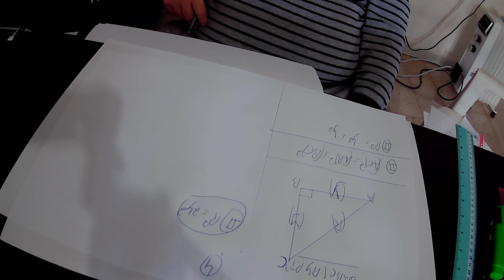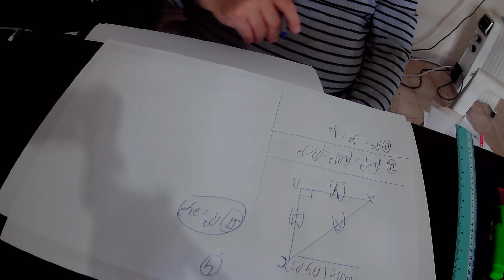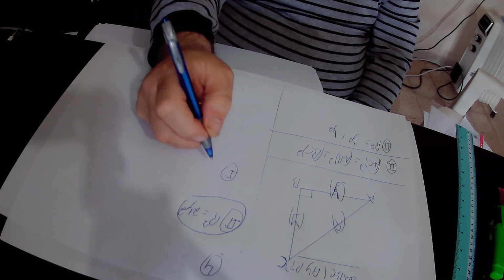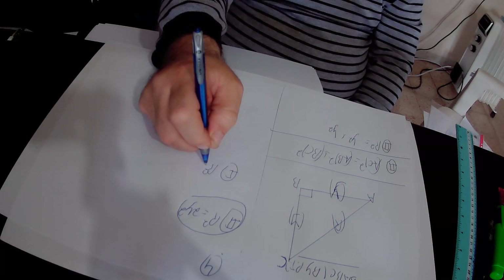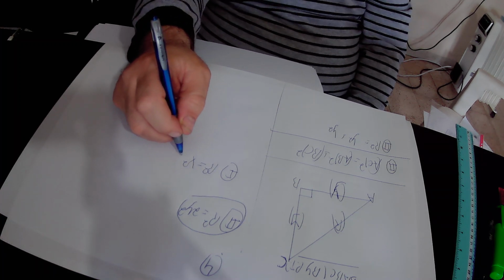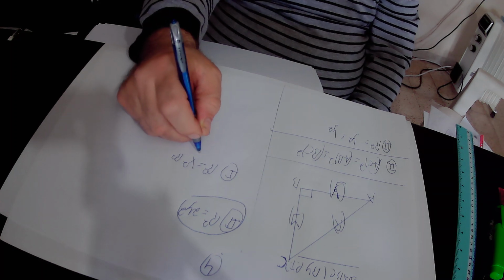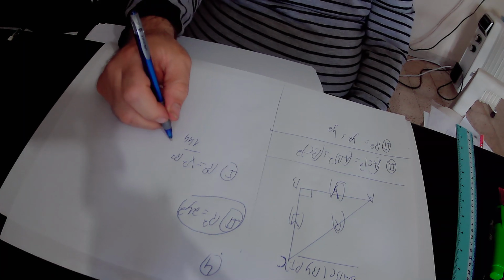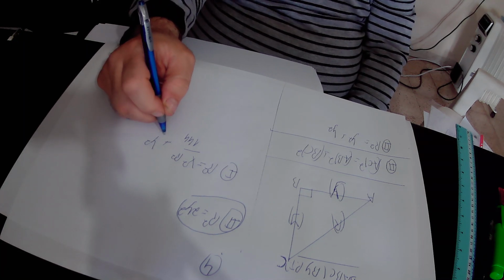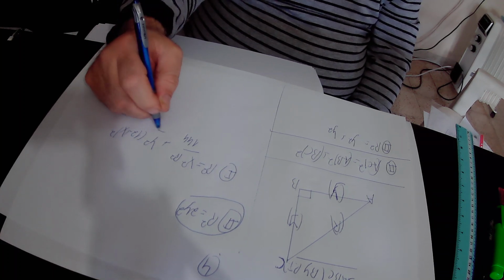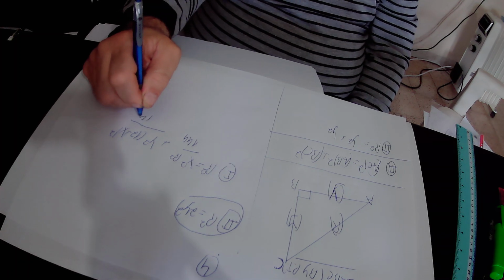According to equation 1, we have already found out that R squared equals X squared times R squared over 144, plus Y squared times 12 plus X squared over 144.